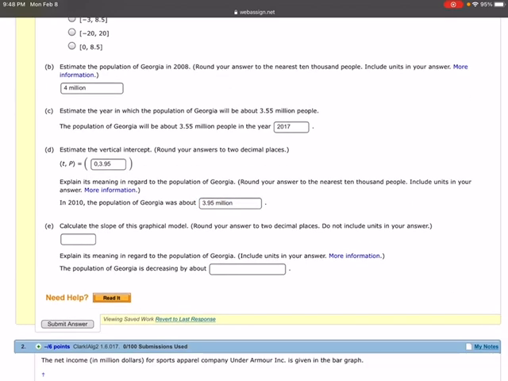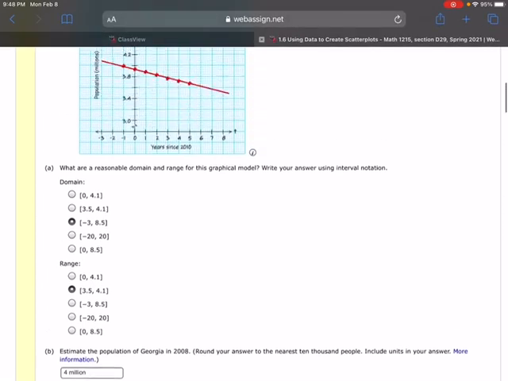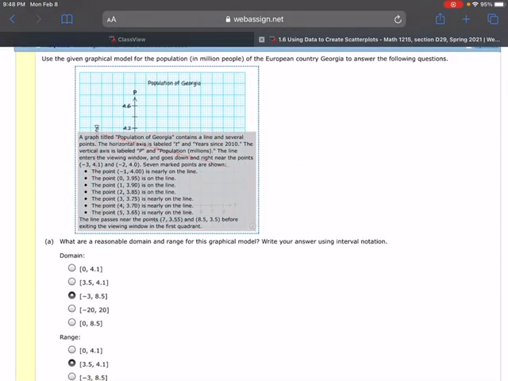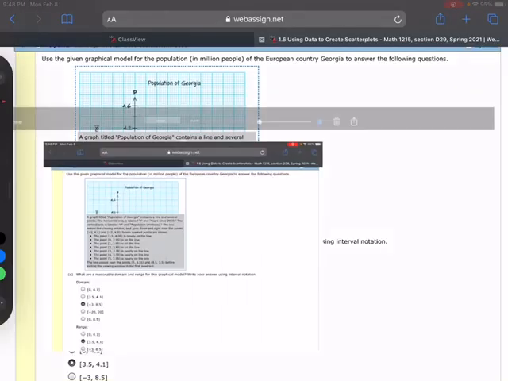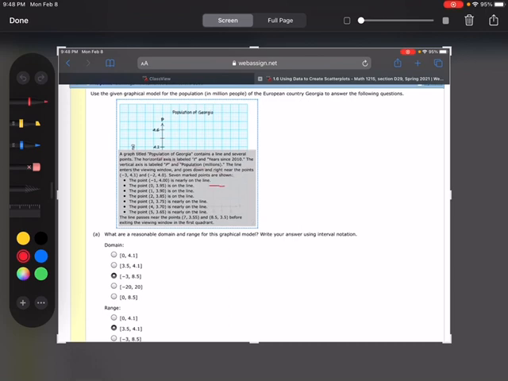Calculate the slope of the model. All right, so we're going to pick 2 points. I would suggest maybe the first 2 points, when x is 0 and then when x is 1. So it's y2 minus y1 divided by x2 minus x1.